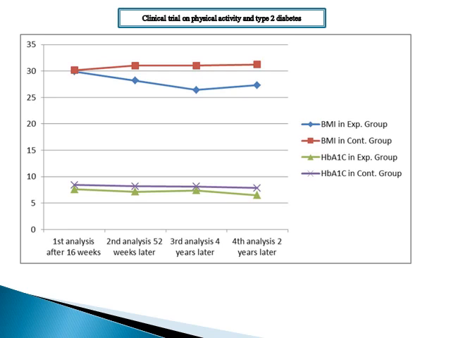As we see, the group exposed to physical activity has a better body mass index, which is normal, around 25, and the hemoglobin A1C is also around 5.5, which is normal, compared to what? To the control group, who has not been exposed to physical activity.